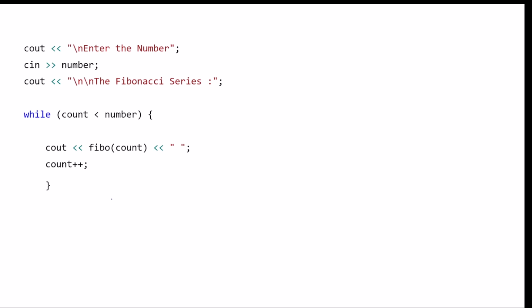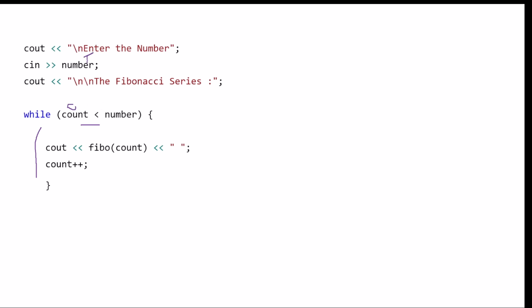Now let me explain how to generate a sequence of numbers by calling the function. Here we have given a while loop. Until the condition is true, this statement is going to perform. This is said to be a while loop. While count, initially the value will be 0.